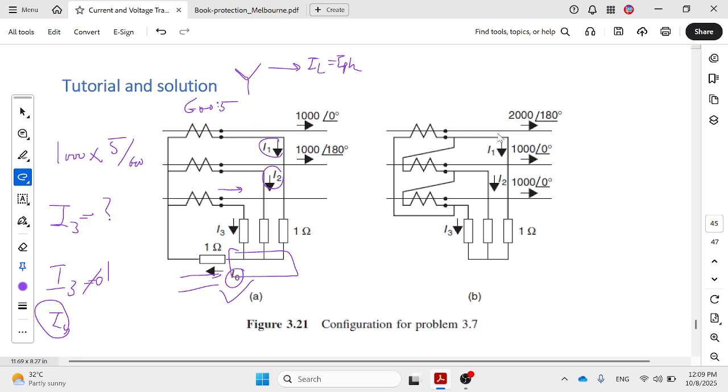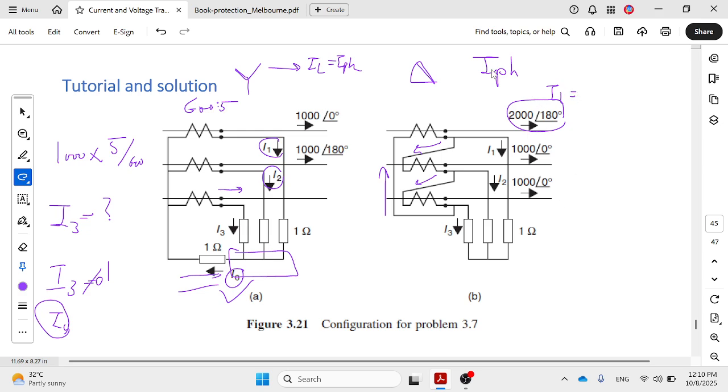I'm going to do the other side. The other side connection is delta. There is a problem with the delta. Don't forget the delta. Which one is I phase? I phase is the current at this point. This is I phase, coming this way. This is the phase current. So what is this? This is I line.